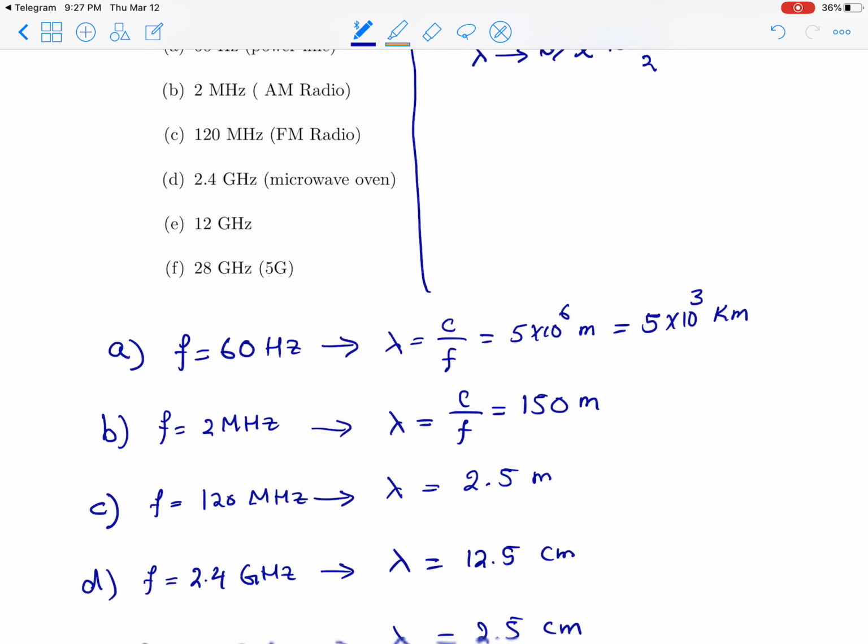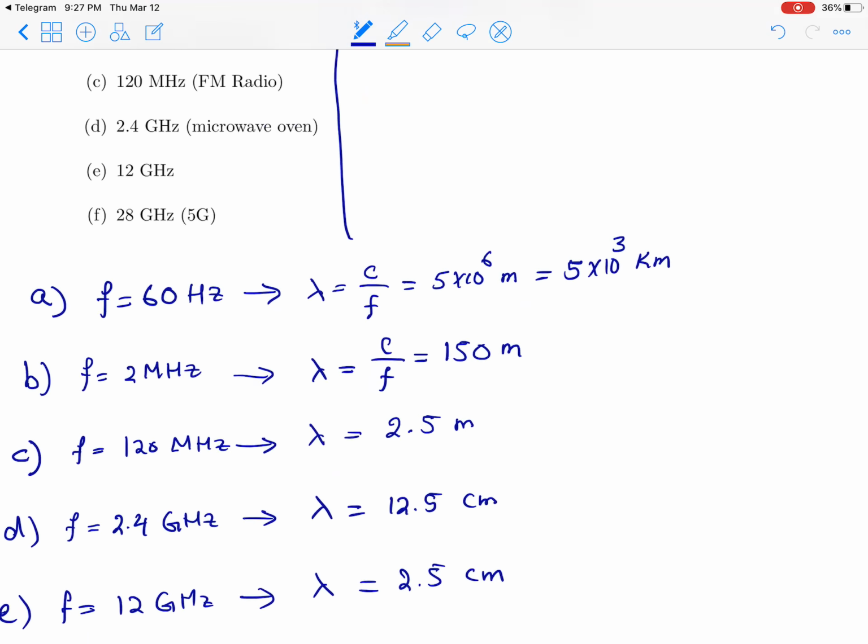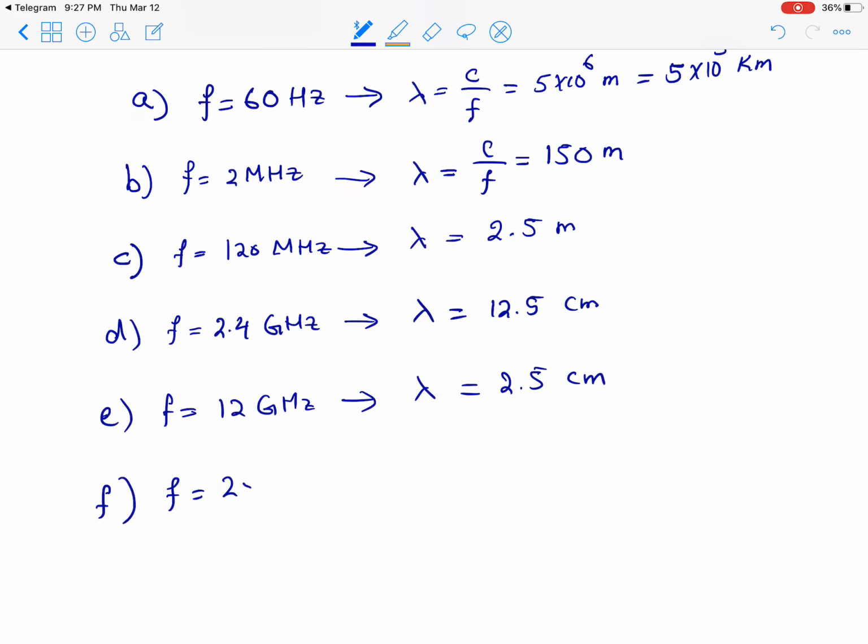When f equals 28 gigahertz, this is one of the bands for the next generation, 5G. So the wavelength is almost 1 centimeter.